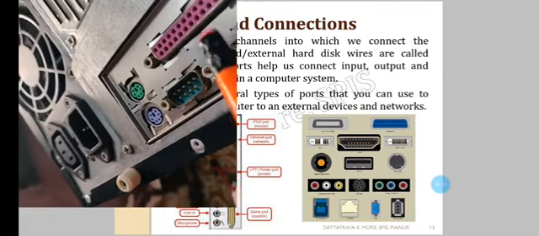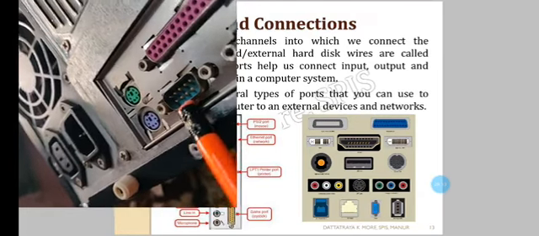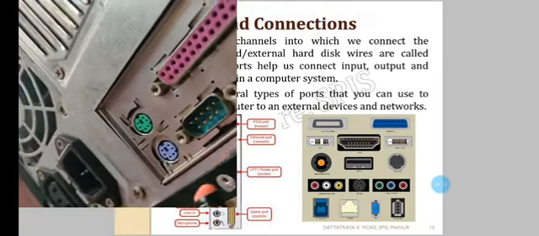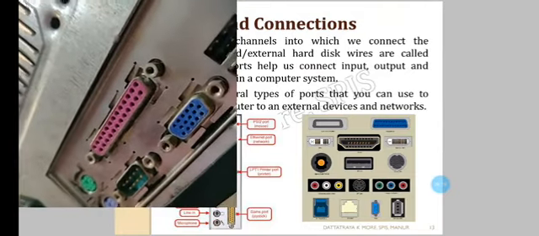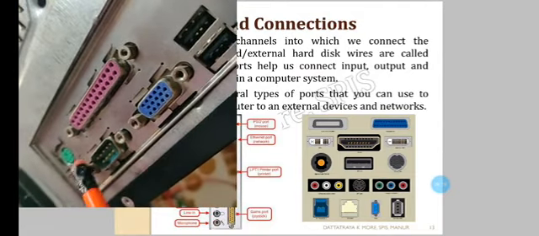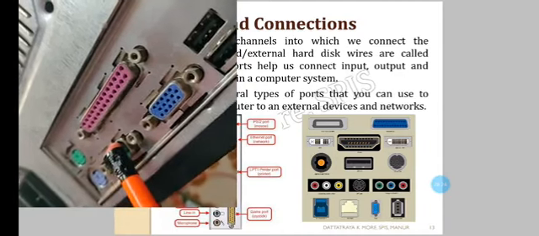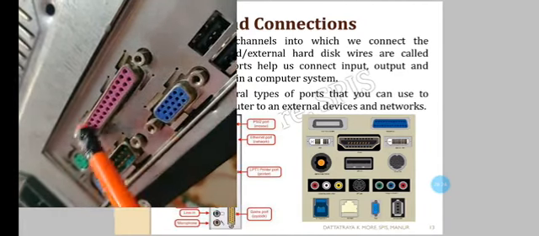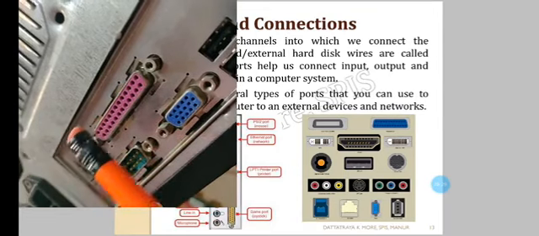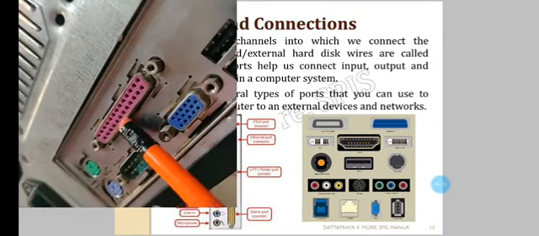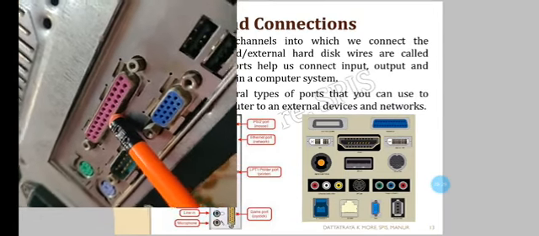Next is the serial cable. Nowadays this is not useful because previously modems were used to connect over here, or even some serial mouse was able to connect at this place. This big pink color port is called the serial port. Here we used to connect dot matrix printers.